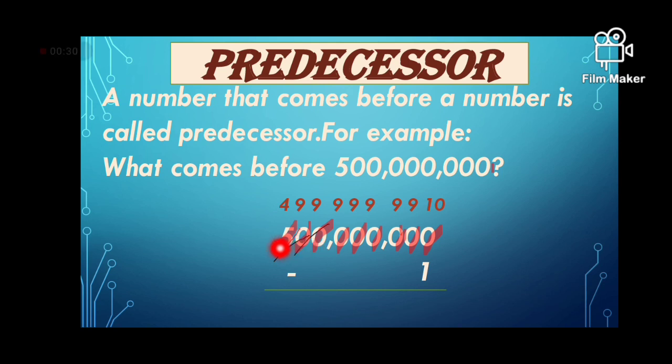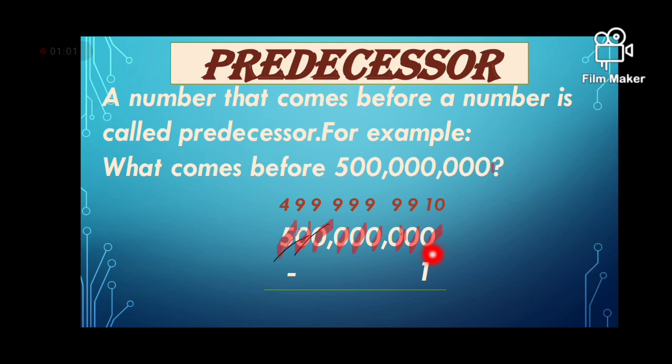7 zeros. After 7 zeros we have 5. Now we will borrow from 5, then the 5 becomes 4. Then this 0 will be 10. When we borrow 1 from 10, this 10 becomes 9 and this 0 becomes 10. Then we will borrow again and again, and then we will borrow the 1 from this 10 and this 0 will be 10.